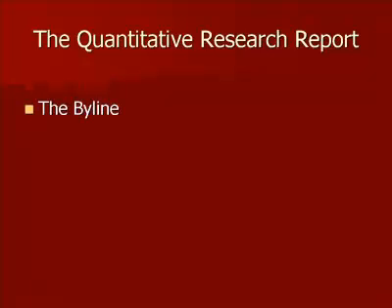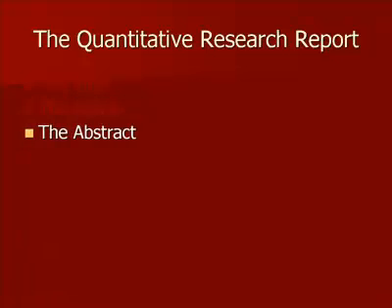The byline is just who the authors are and who they work for. Usually, if it's academic, it's the university that they're at. The abstract is this 120 word or fewer description of everything you did, including the outcome.